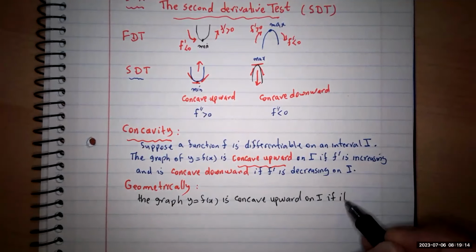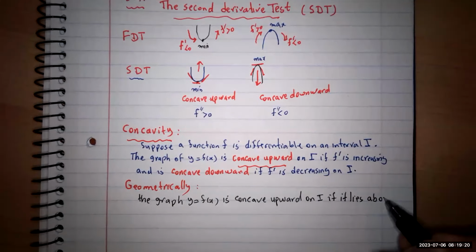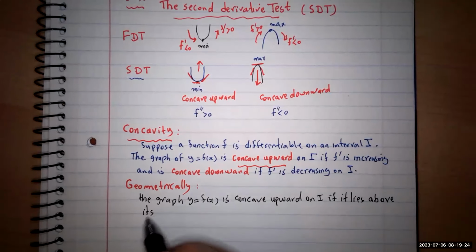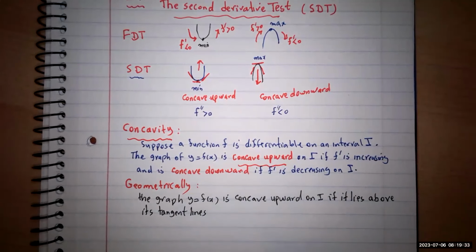If the graph lies above all of its tangent lines in that interval, that would be curving up.